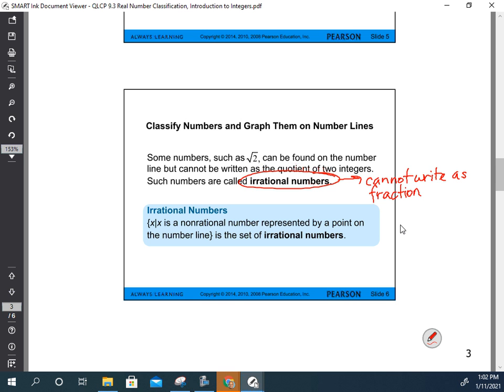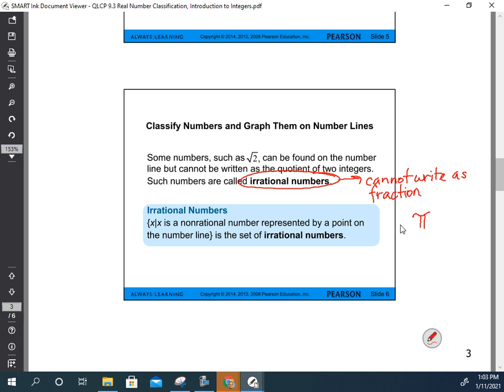There's one irrational number that everyone has used when you're working with a circle, whether it's area or circumference. 3.14. Better known as pi.